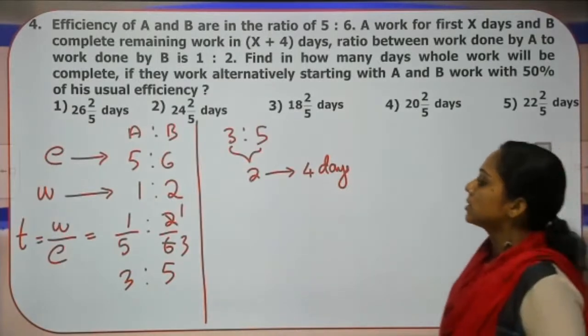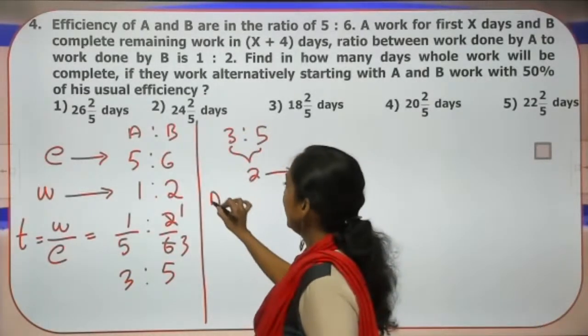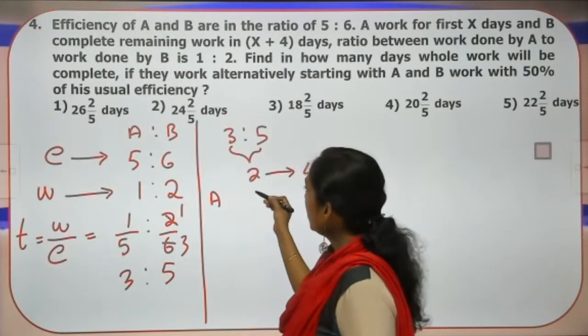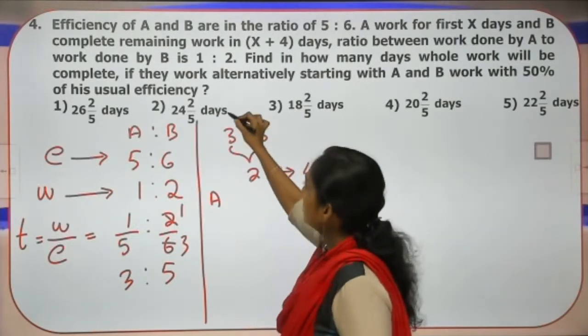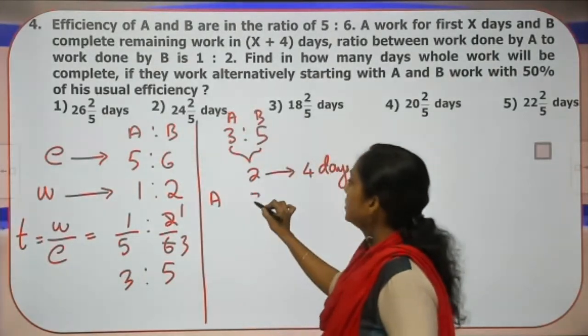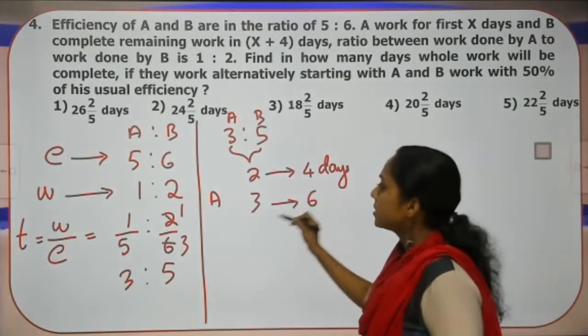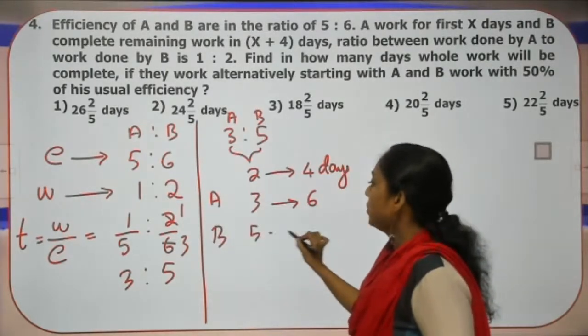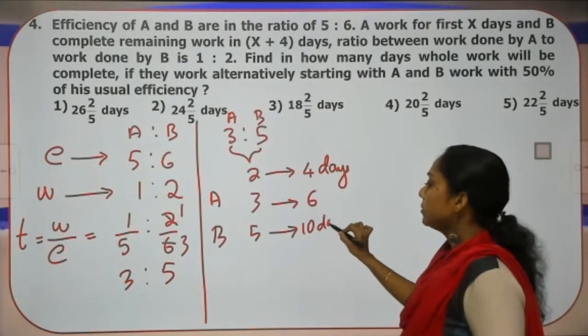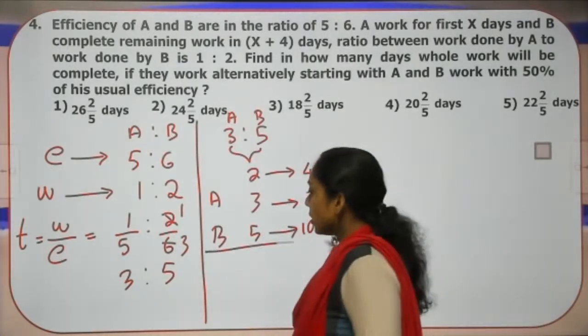Next, you can find out the time taken by A. A is to B, so 3 is for 6 days and B's 5 is for 10 days. So now you can find out the total work.